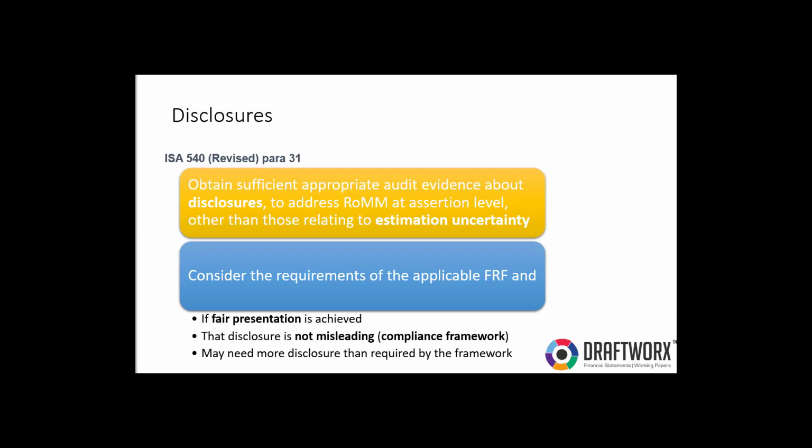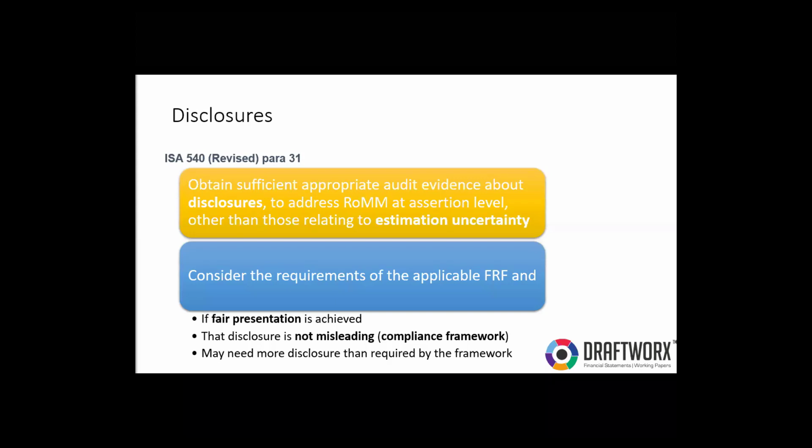And when you're using that auditor's point estimate or range of estimates to test that estimate, there are specific disclosures that must be made in terms of the financial reporting framework relating to estimation uncertainty. But in addition to that, management may make further disclosures other than just those estimation uncertainty disclosures.